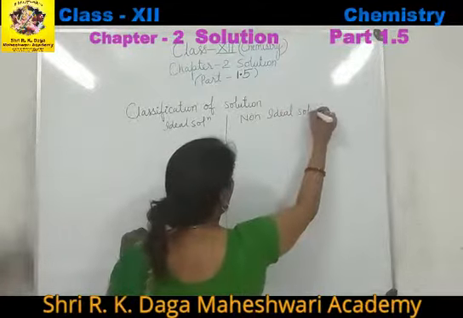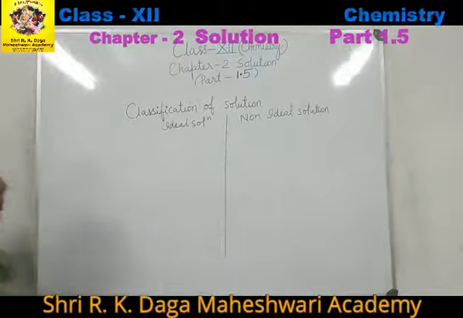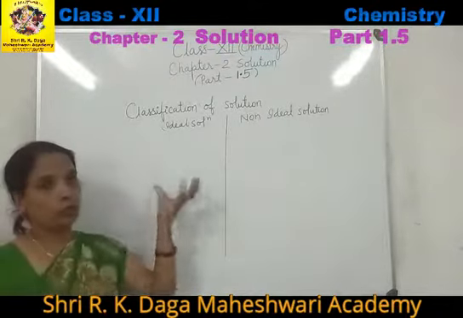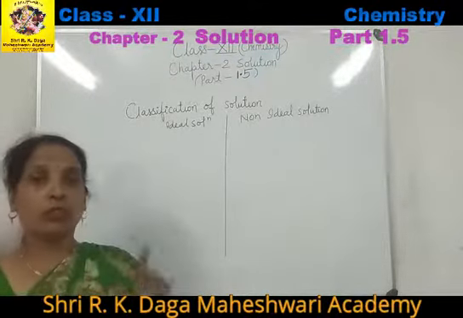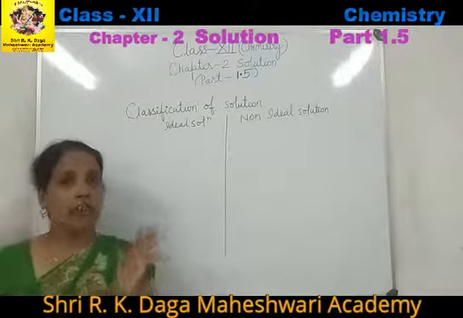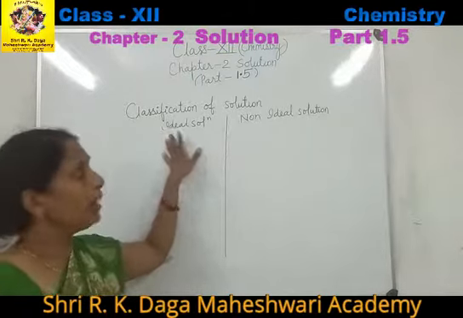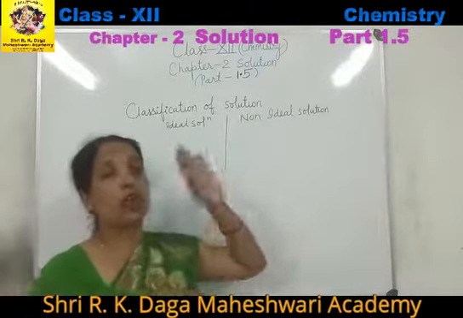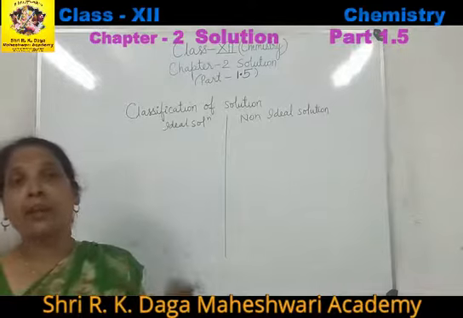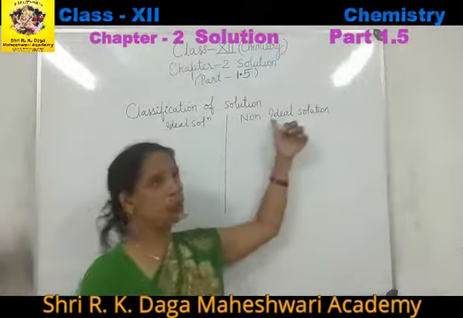One is called ideal solution and another one is called non-ideal solution. What do you mean by ideal solution? Those solutions which obey Raoult's law at all concentrations and temperatures are known as ideal solutions.